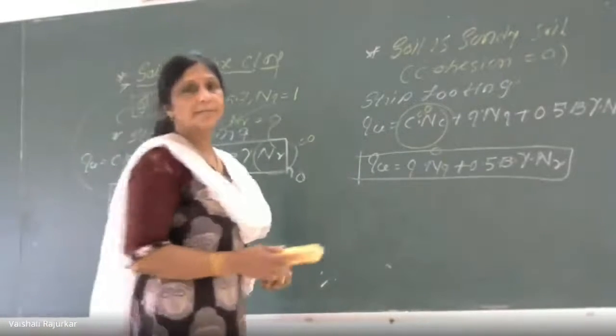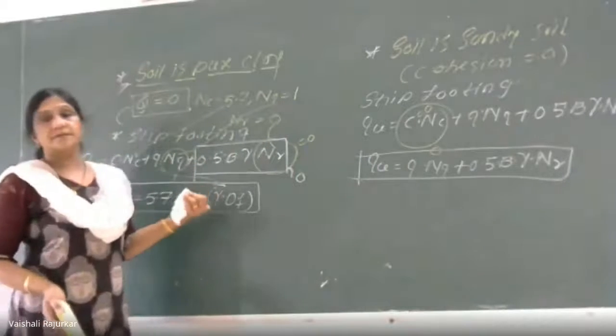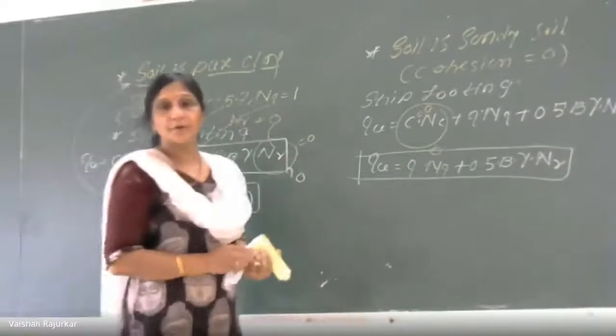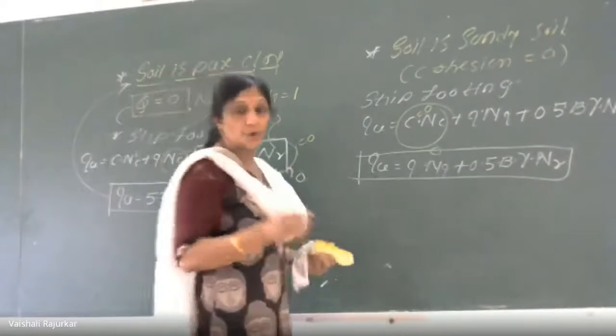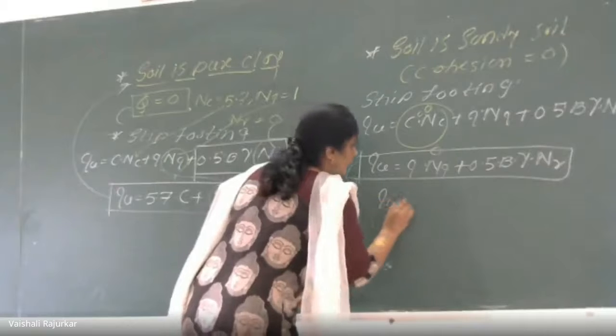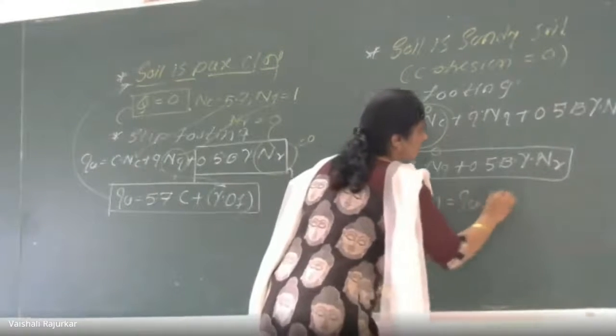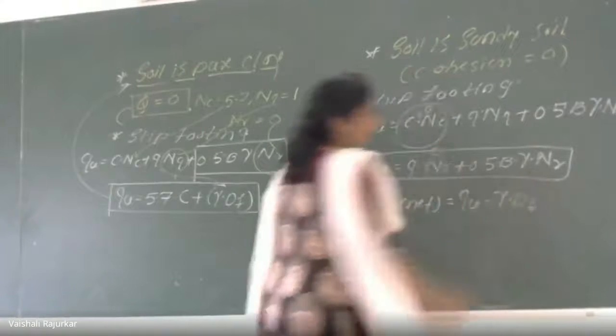Then the next term is, once you get the value of Qu, then how you will find out the Qu net? It will be Qu net is equal to Qu minus gamma into Df.